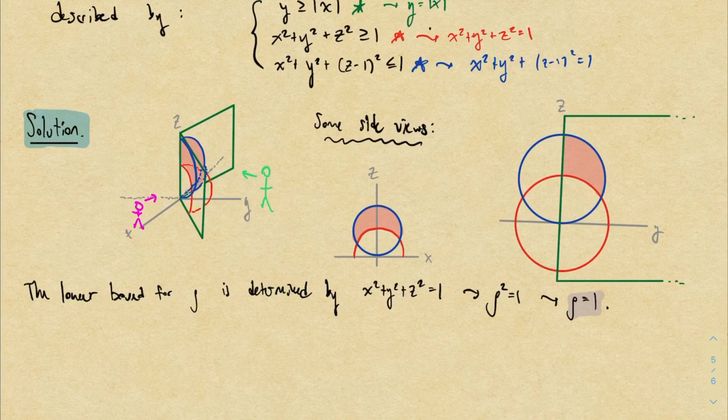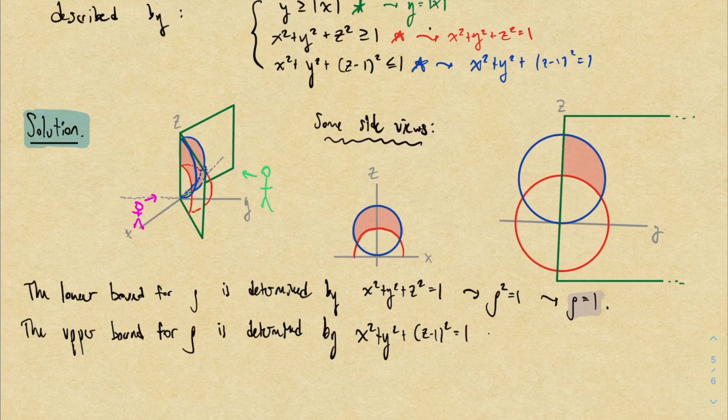Likewise, when I think about the upper bound, when we walk along these rays, I keep walking until I hit the blue sphere. So that tells me that the upper bound is determined by the blue sphere equation. So I'll take that equation, and my goal is to turn it into spherical coordinates. I always think it's easier in this case to multiply out that squared quantity to get z squared minus 2z plus 1.